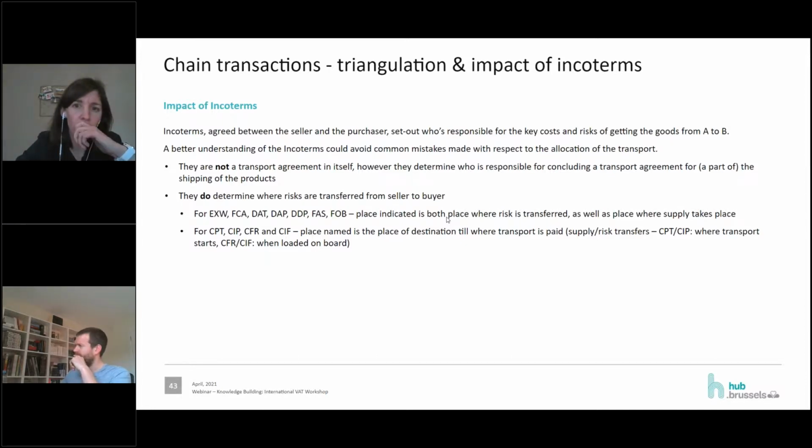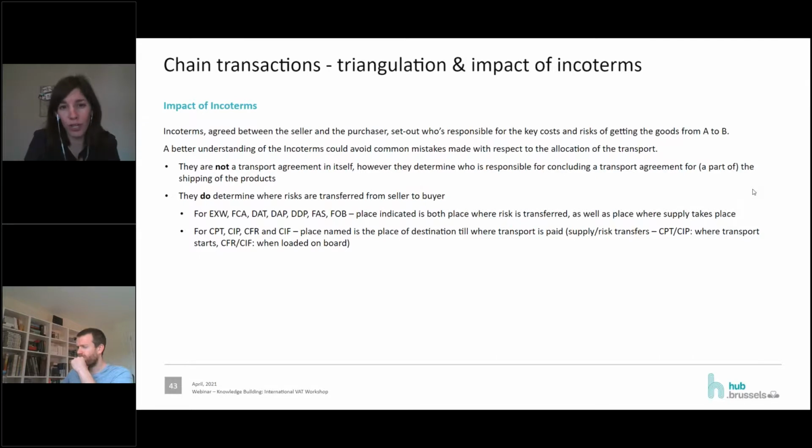Just one word on that. I mentioned that you need to take into account all the facts of the chain transaction. The Incoterms is also one of the elements. Just a quick recap, the Incoterms, let's say, put the principle in terms of which company is responsible for the cost, the risk of getting the goods from one point to another one.